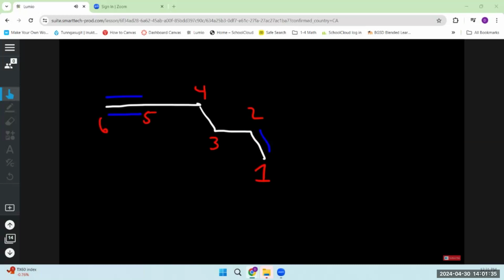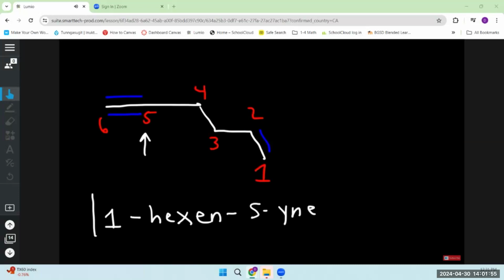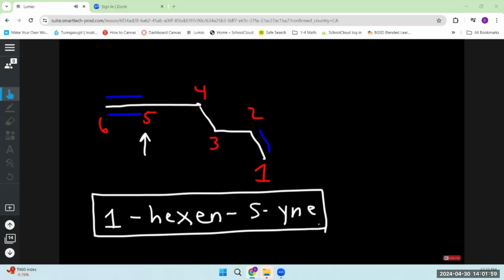So we have 6 carbons. So this is hexane, but it's going to be hexene instead. Now the way you name it, it's going to be 1-hexen-5-yne, because the alkene is at carbon 1, and the triple bond is on carbon 5. And so that's how we can name a molecule that has an alkene and an alkyne functional group.